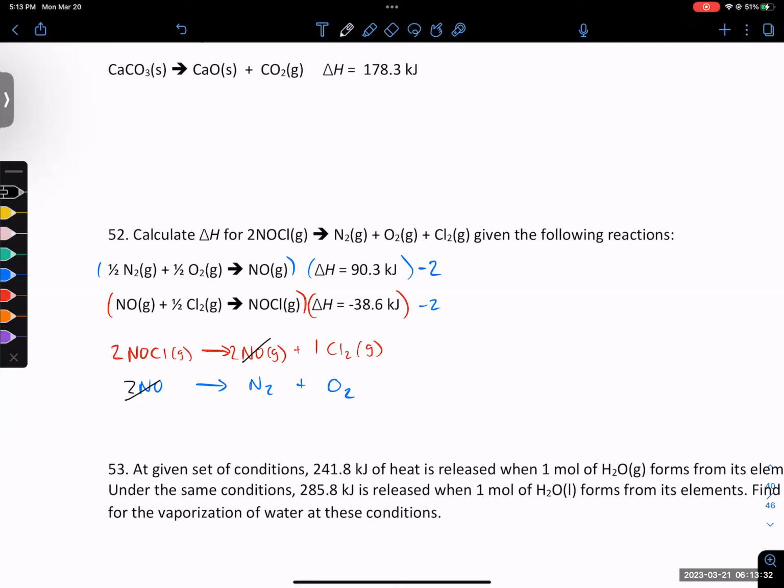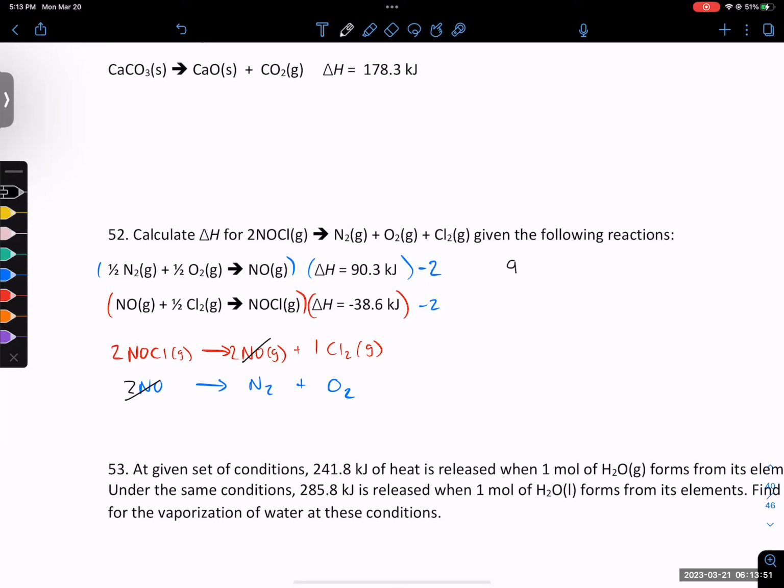So your overall equation would be 2 NOCl produces chlorine gas, nitrogen gas, and oxygen gas, which is what our goal equation was here. So now what we do is just add up all the delta H's, and we make sure to include the changes that we made to them.